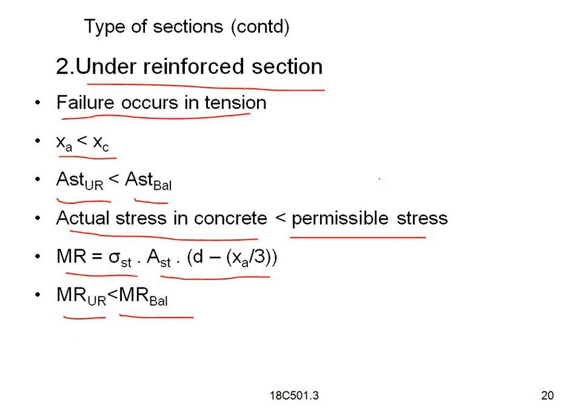Under reinforced section is safe, but over reinforced section is not safe. If an under reinforced section is safe, it will be constructed, but if over reinforced or any other failure occurs, we have to reconstruct. So we have to check whether the structure is in a safe condition or not.